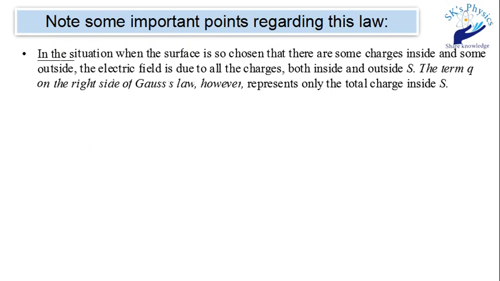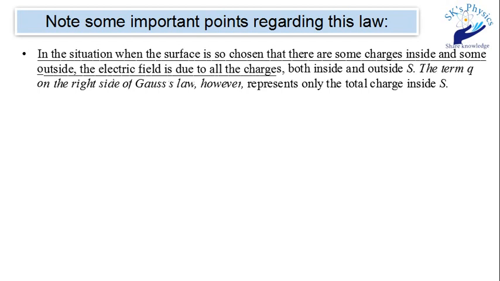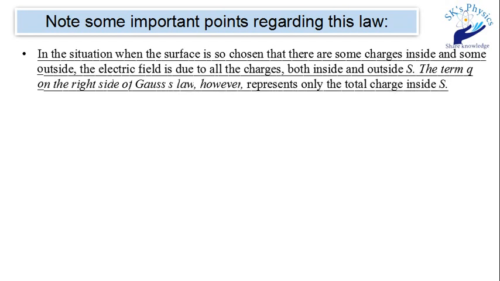In the situation when the surface is so chosen that there are some charges inside and some outside, the electric field is due to all charges, both inside and outside. The term q on the right side of the Gauss law, however, represents only the total charge inside.